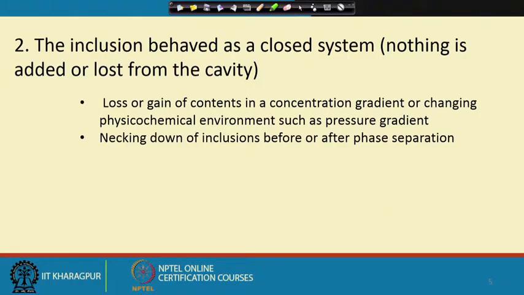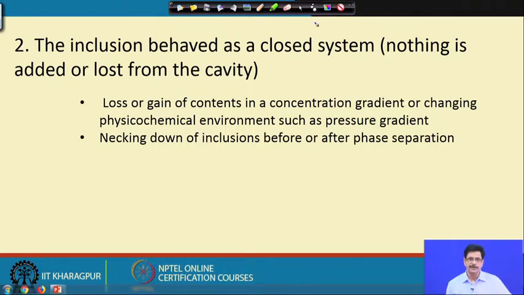And there is another situation in which the fluid might not behave as a closed system. The other situation in which this important assumption might be violated corresponds to a situation where the inclusion might neck down.